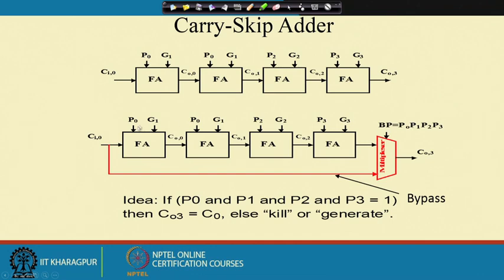If all the propagated carries are 1, it will select the carry input Ci0 as the output of C3. So the idea is that if P0, P1, P2 and P3 are all 1, then CO3 will be C0; else it will kill or generate the corresponding carry.